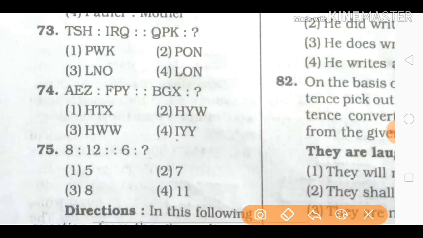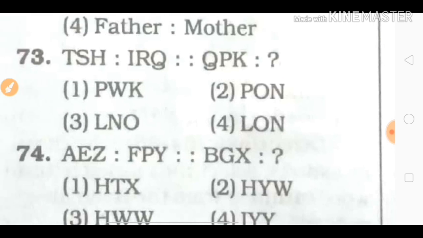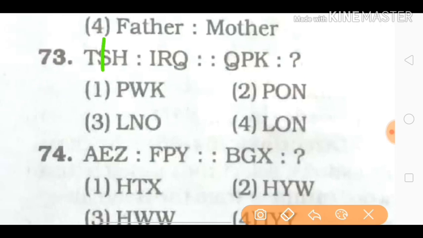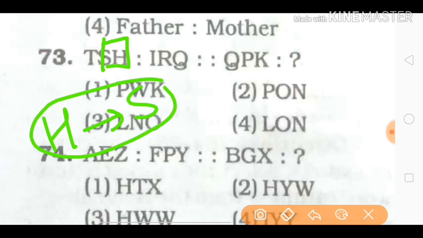TSHIRQ, what will it be? What do you think? Well guys, this question is a little bit tricky. Here you will see one thing is that HS is opposite.